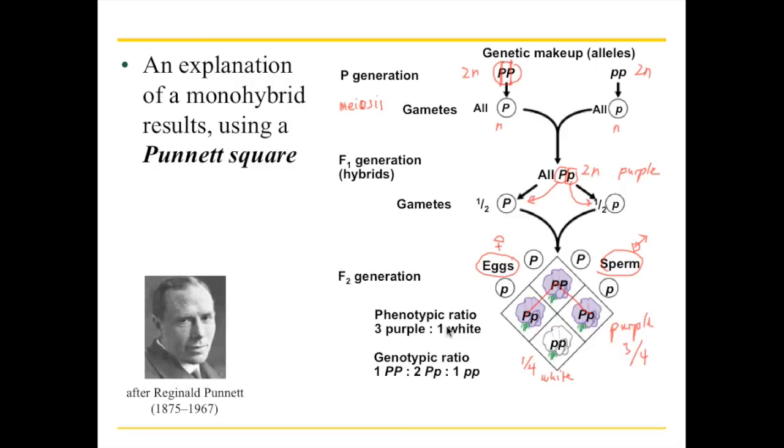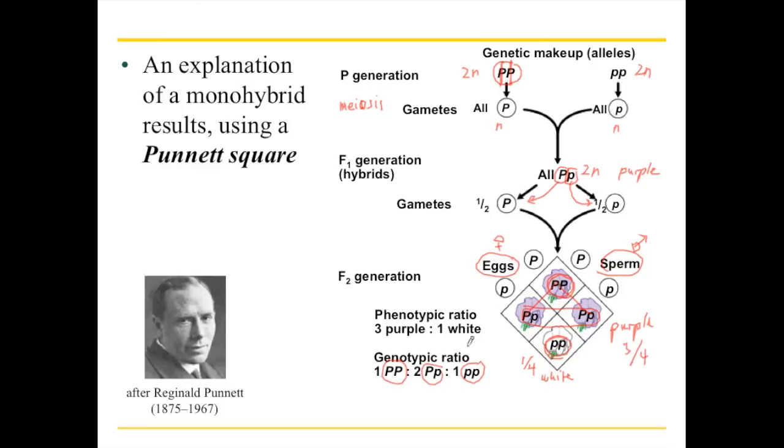Now, the phenotypic ratio is what I just showed you. Phenotypic ratio is actually looking at the colors. And then the genotypic ratio is a little bit different because here you have only capital letters, only small letters, and then in both of these cases you have the mixed letters. Only capital letters, only small letters, and the mixed letters, there's two of those, right?